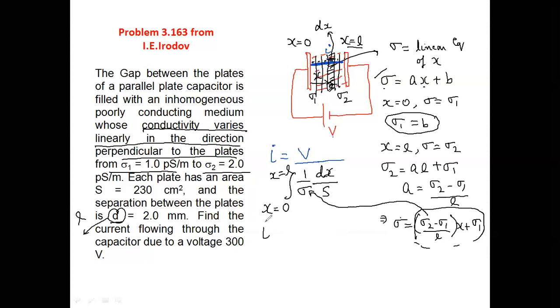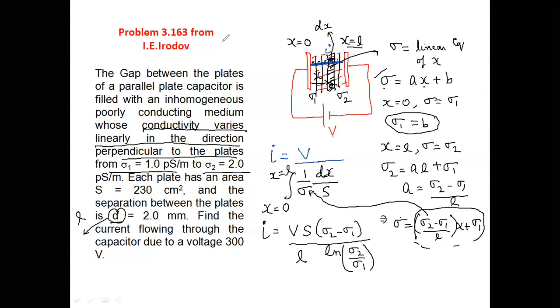After proper integration, you will get I equals V into the cross-sectional area S times (sigma 2 minus sigma 1) over L, which is the same as D times ln of sigma 2 over sigma 1.